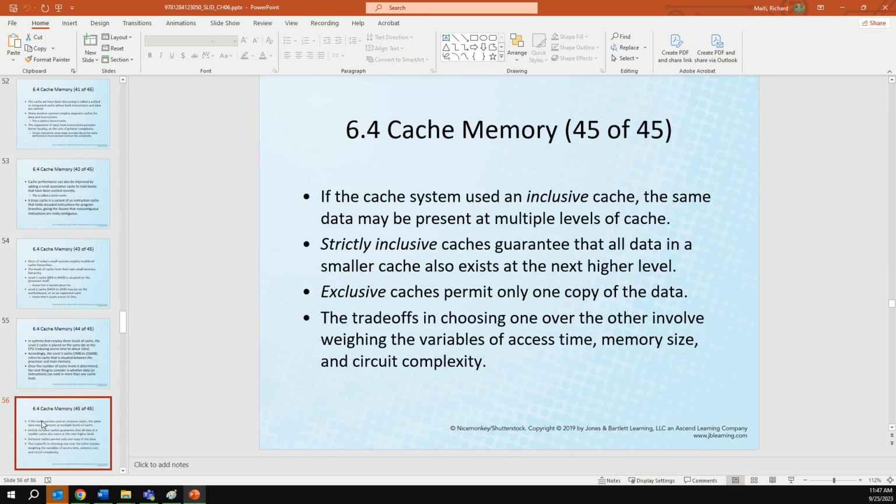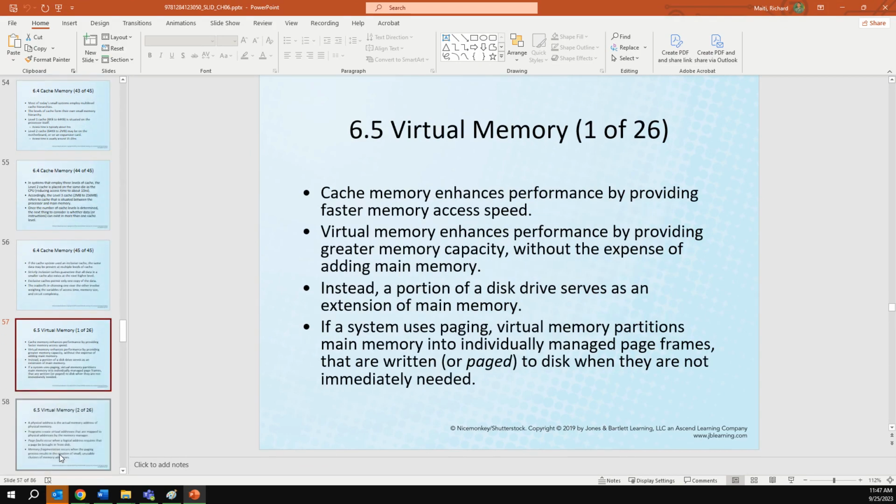So here it goes into strictly inclusive and exclusive cache. So inclusive cache guarantees that all data in the smaller cache also exists in the larger cache. Then exclusive cache permits only one copy of the data.